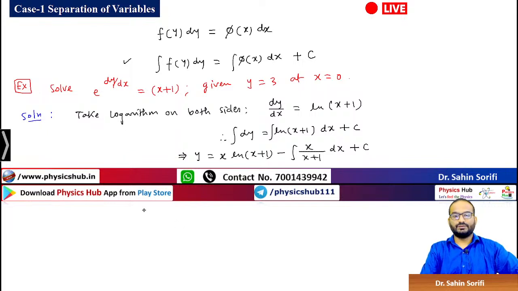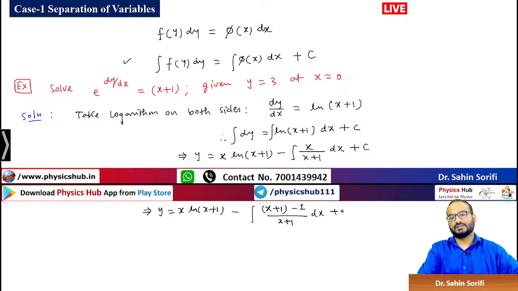Now look at what we can do here. y is equal to x ln(x+1) minus the integral of x/(x+1) dx plus c. You can just add 1 and subtract 1 in the numerator.